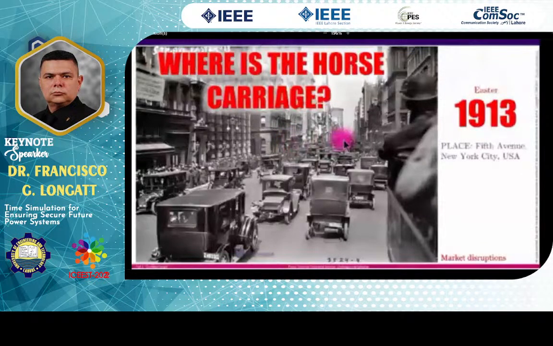And this photo is quite dramatic because you can see a massive change related to transportation in only 13 years. And the reason here is that you can see how we move from one technology that is the horse carriage to a car that is basically moved by the internal combustion engine.